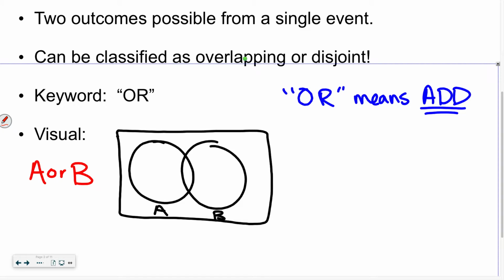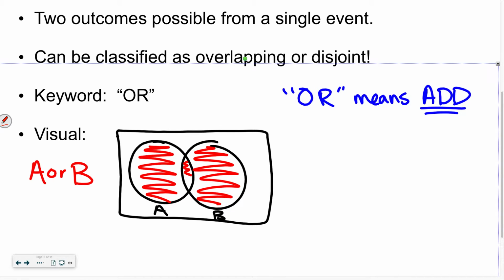So I could be just A, I could be just B, or I could be both. Every part of those circles is part of A or B. The stuff on the outside in my sample space, things that are not included in either one of those circles, those are not A, not B.